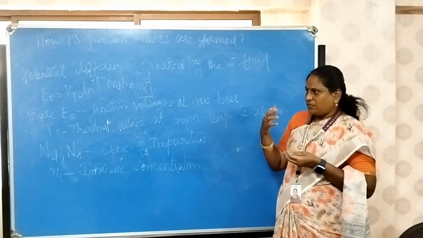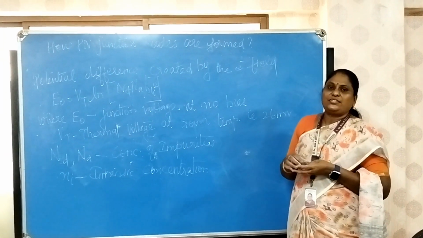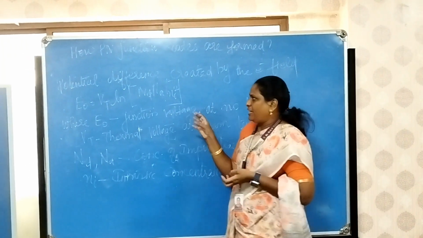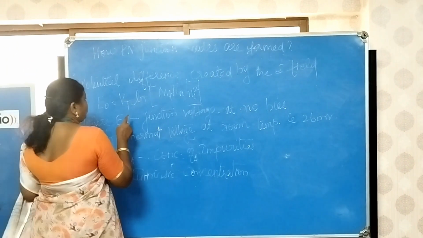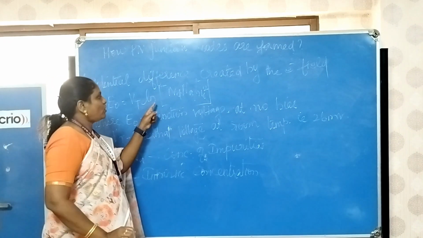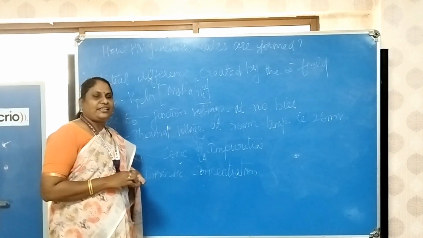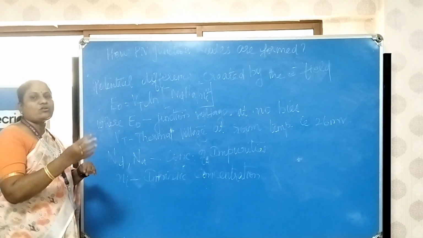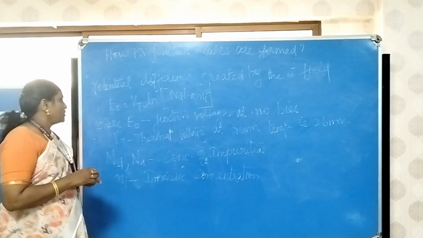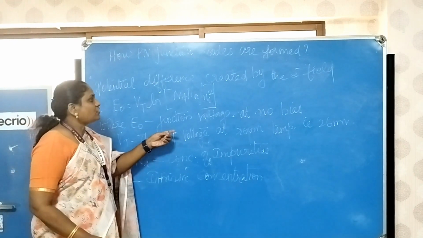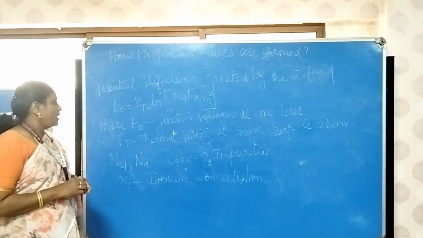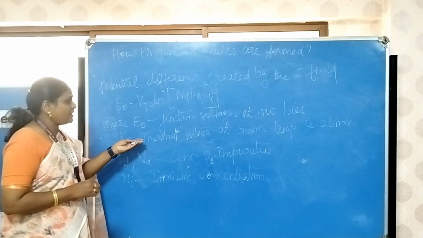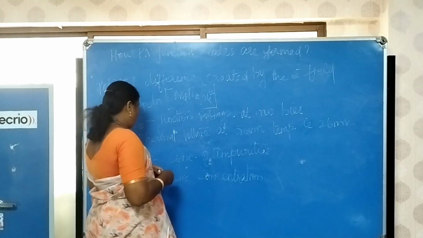Next, in diodes, the potential difference created by the electric field can be calculated with the help of this formula: E0 is equal to Vt times the natural logarithm of Nd Na divided by Ni squared. From this we can calculate the potential difference across the PN junction diode. Here E0 is the junction voltage at no bias, and Vt is the thermal voltage at room temperature, approximately 26 millivolts.